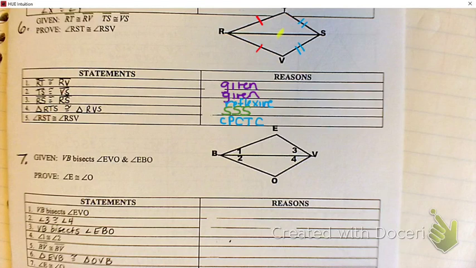Okay, let's look at the last one. So it tells me that VB bisects EVO and EBO. What that means about the bisecting is that 3 and 4 are going to be congruent, and 1 and 2 are going to be congruent.